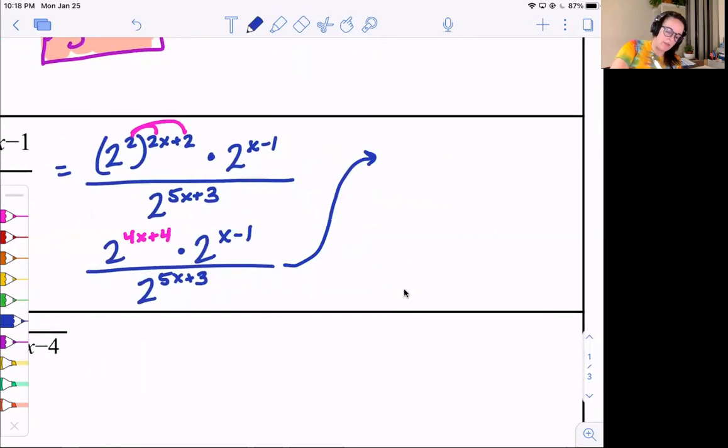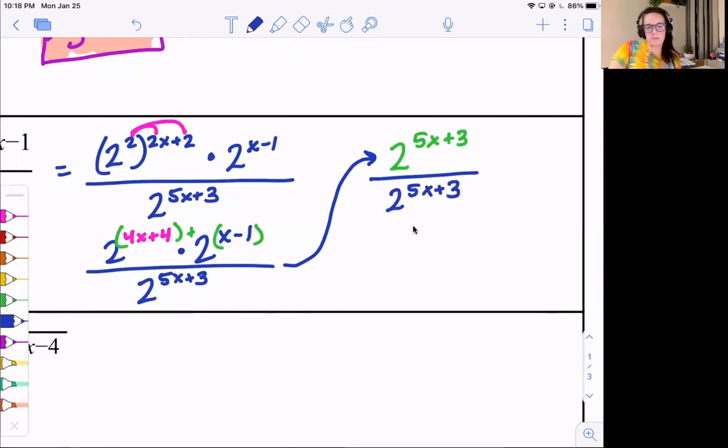So I'm going to go ahead and add these together. So I'd have 2 to the 4x plus 1x is 5x, and then 4 plus negative 1 is positive 3, and then still have my same denominator, 2 to the 5x plus 3, like so.